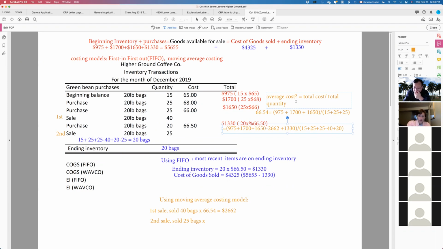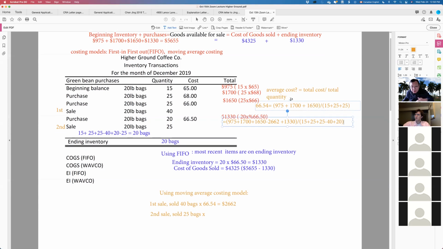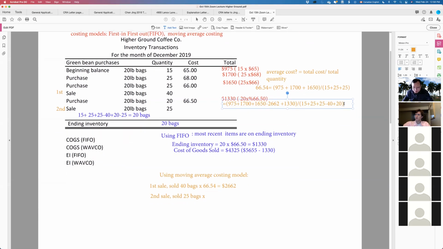My total cost right before the second sale is this, divided by the total quantity, which is 45.